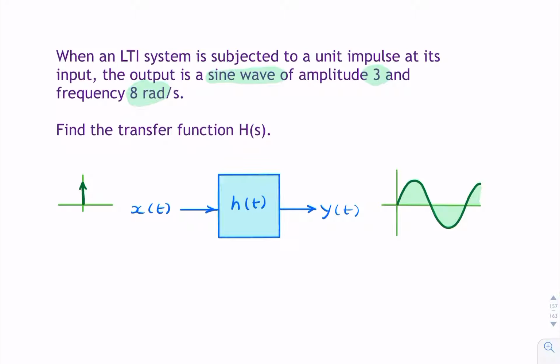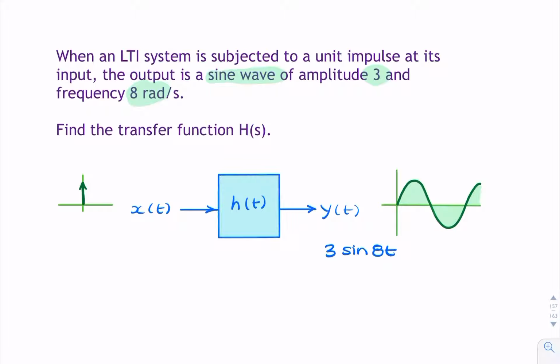So our output here, this is our sine wave of amplitude 3. So y of t is 3 sine 8t.